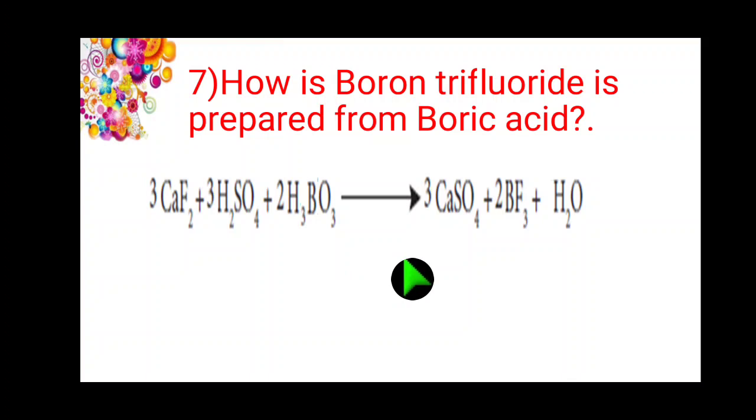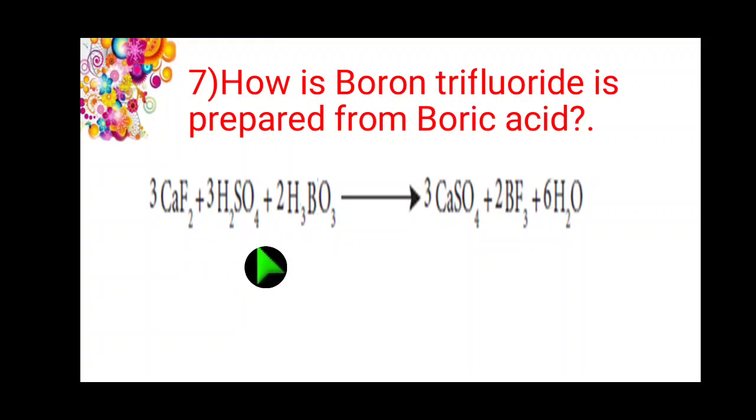Then last, hydrogen we see. Hydrogen, left side 3 into 2, 6 hydrogen. Here 2 into 3, 6 hydrogen. 6 plus 6, 12 hydrogen. Right side we have only 2 hydrogen, so make it 12, 6H2. Then oxygen. Calcium is balanced, fluorine balanced, hydrogen balanced, boron balanced.